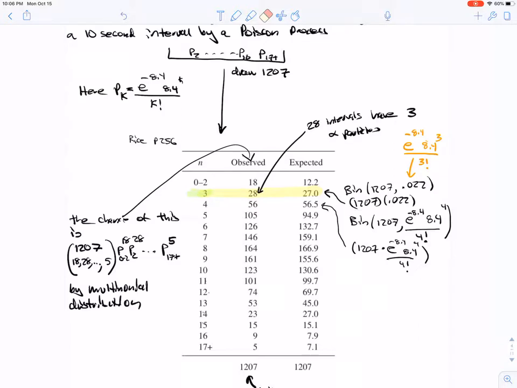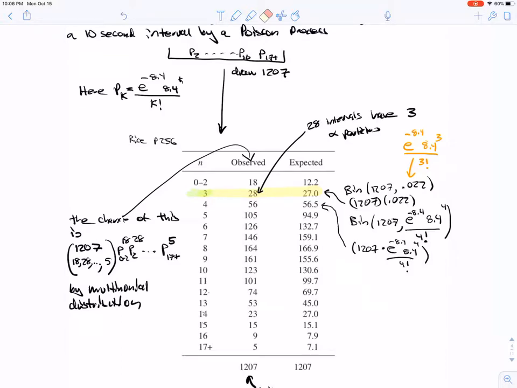So we have tickets with these probabilities, and we draw 1,207 of these tickets. In our observed column are the number of observations.